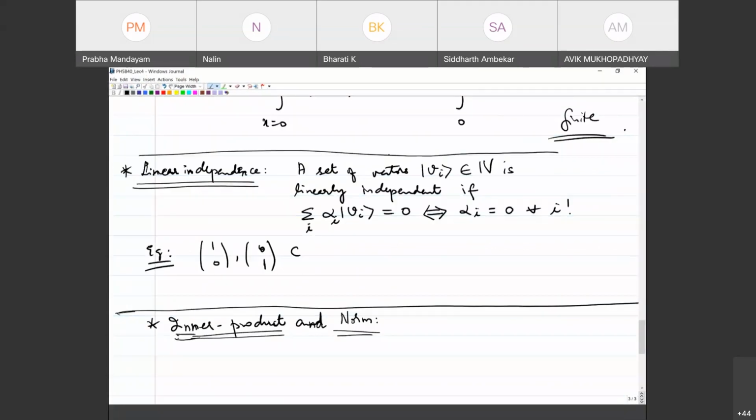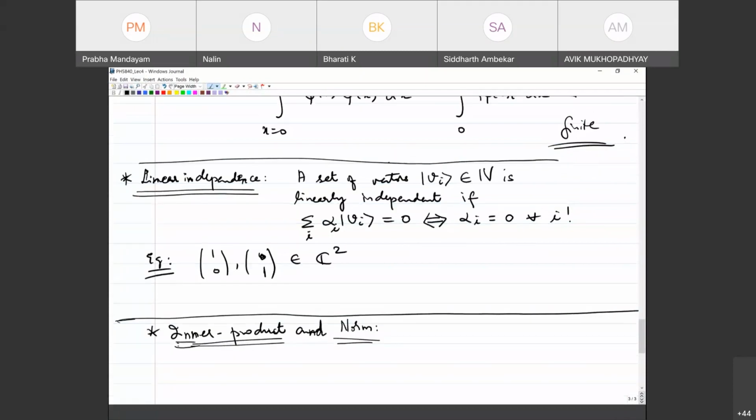If I were to write alpha (1, 0) plus beta (0, 1) equal to 0, and if this were possible for some non-zero values of alpha and beta, then it means I can write one of these vectors in terms of the other.